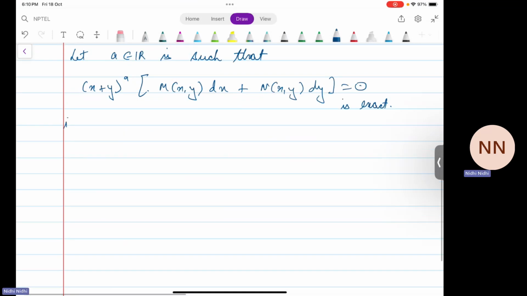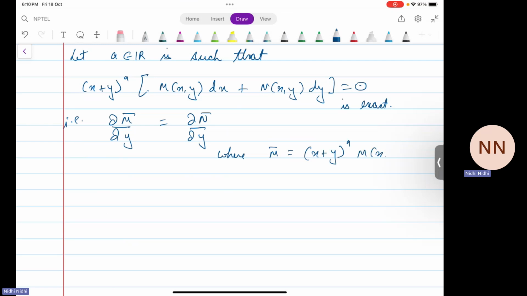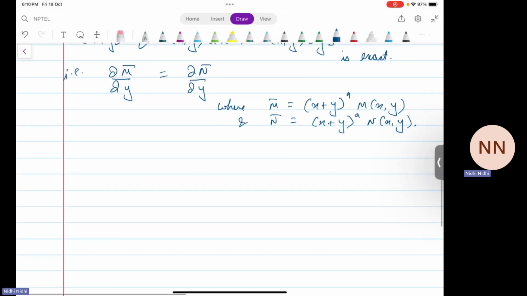That is, del M bar by del y is equal to del N bar by del x, where M bar is just (x plus y) to the power a times M(x,y), and N bar is equal to (x plus y) to the power a times N(x,y). And now let us see.